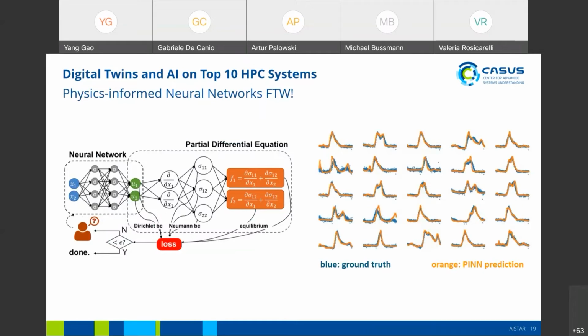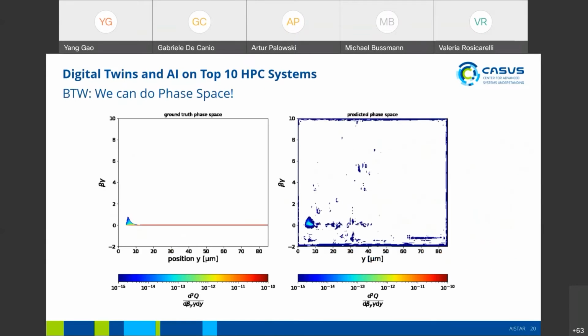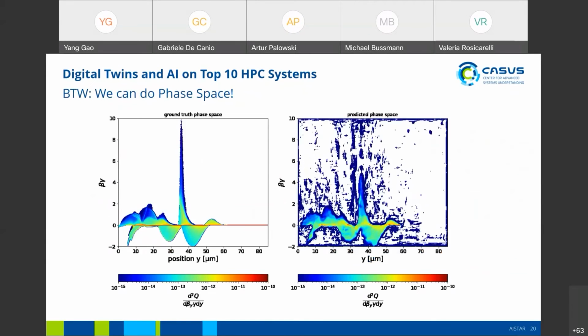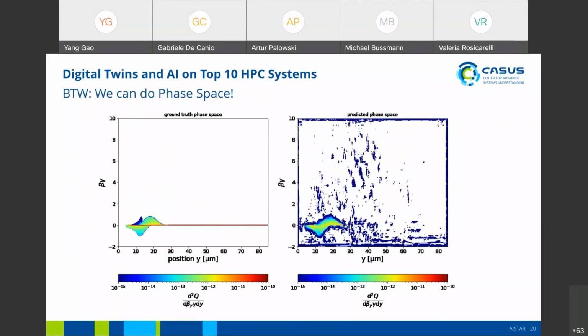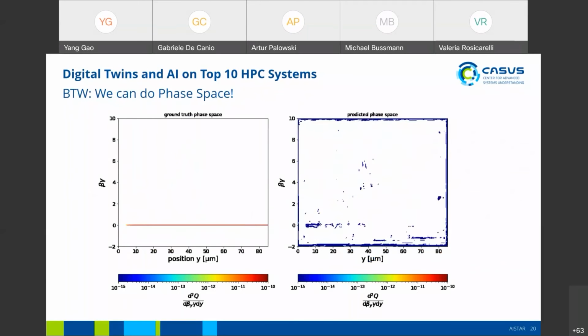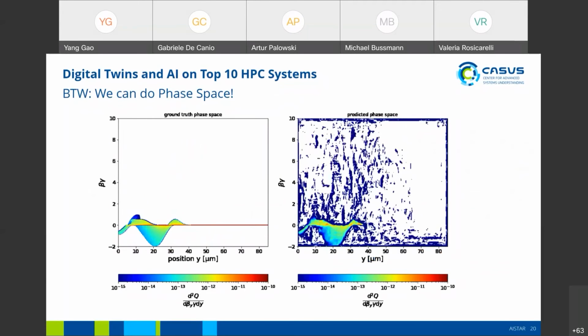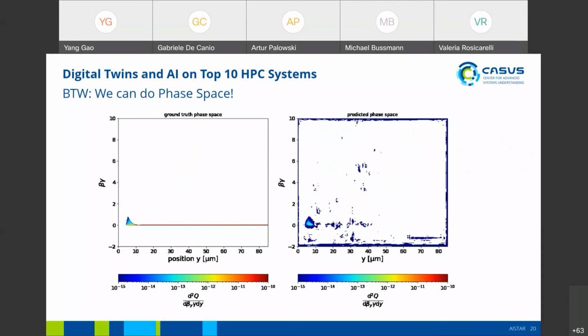But of course, we finally want to go to a full description of the system. And for that, we really need to stream all that data that we have in that system into our AI model. And this is one of the first results to look at. This doesn't look like much, but this is really the full 6D phase space of all the particles in such a simulation.